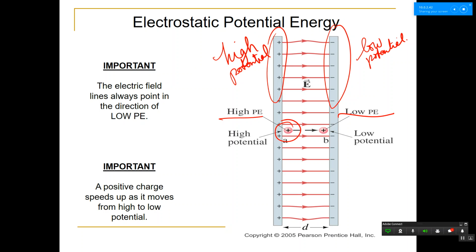If I had an electron, what would change here if I had an electron instead of a proton at point A? It doesn't matter even if it was at point A, but let's say I scratch this off, and here I drew a negative charge and a negative charge here. What changes and what stays the same? Yes, here is high potential energy.